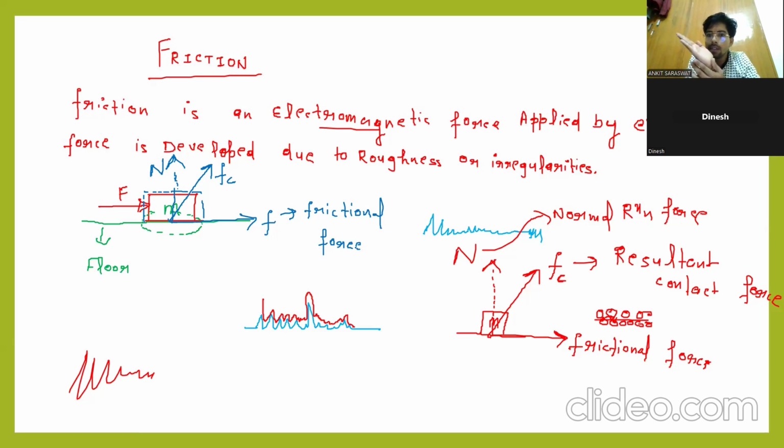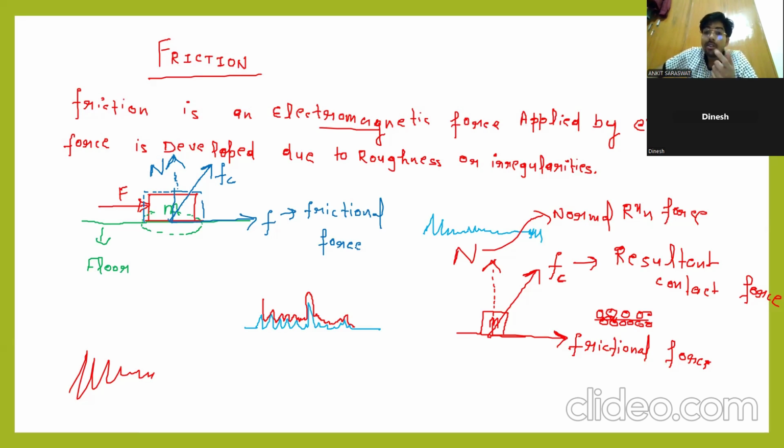So the component of this resultant contact force, FC, is normal, and the component that is parallel to the contact surface is known as friction. You will learn this in depth, electromagnetic force, in class 12. I just explain it this way; in every book they will say friction is a force parallel to the contact surface that opposes the motion.